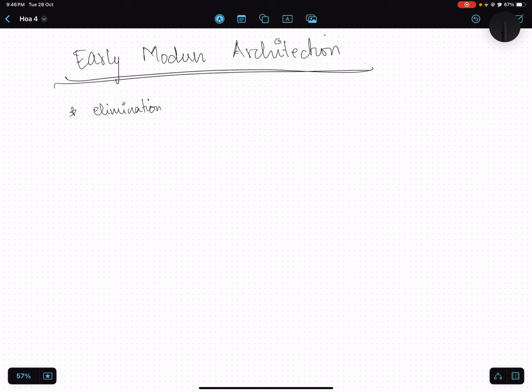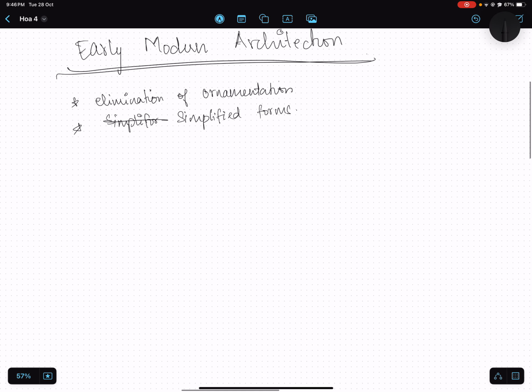So they completely wanted it out, and they had a lot of simplified forms. Those two are the main agenda of modern architecture.